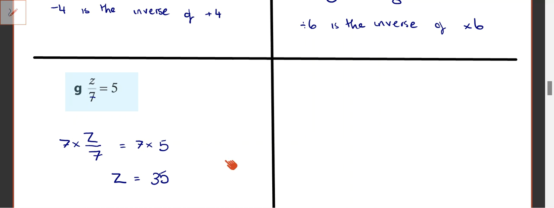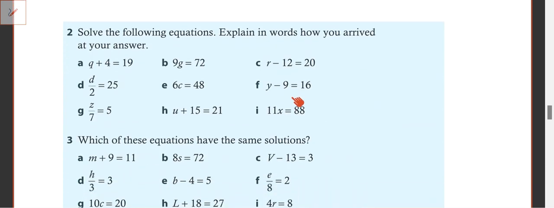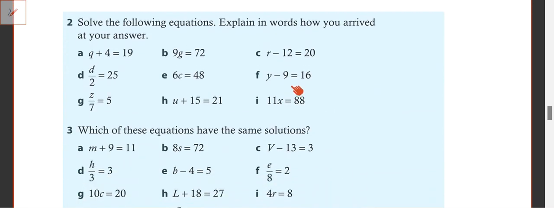I picked a few. Which ones have we already done? A, E, G. So I'm not going to worry about explaining words.